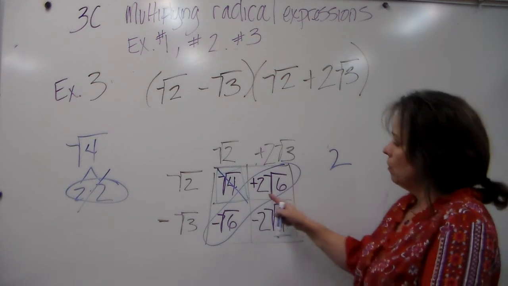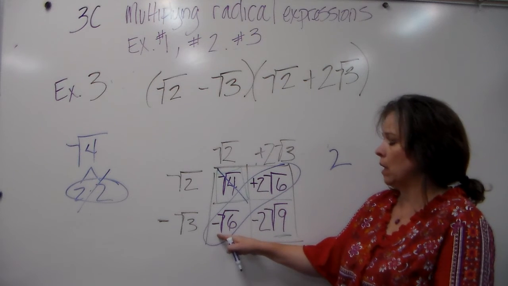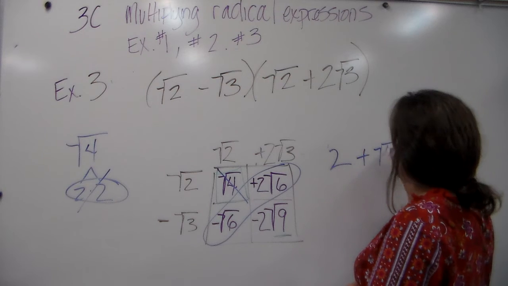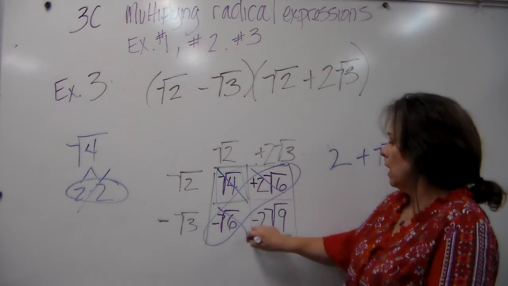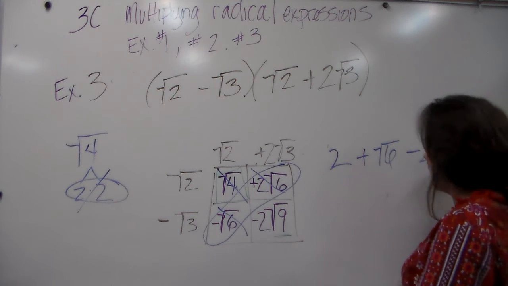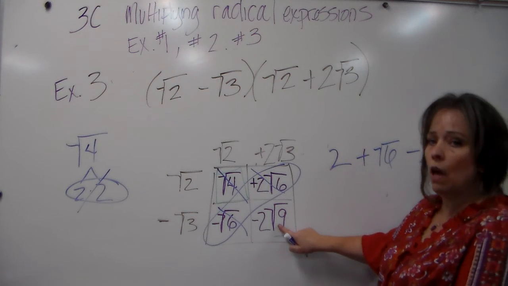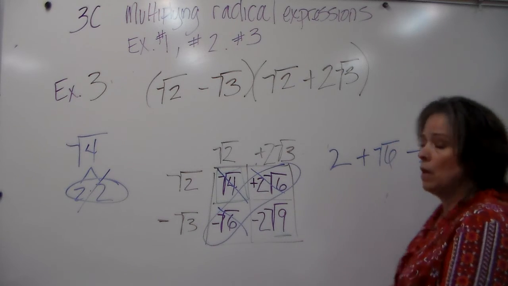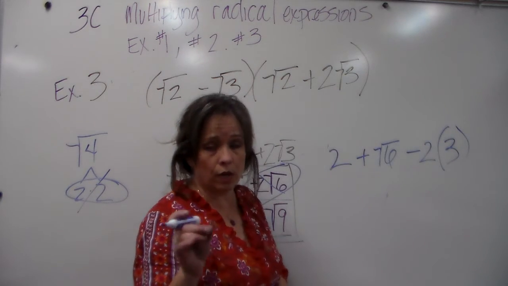We have a positive 2 root 6 and a minus 1 root 6, which will give us a positive root 6. And our last term will simplify to minus 2 times, and then we're going to solve that perfect square root, and that's going to be a 3. So the square root of 9 is 3.